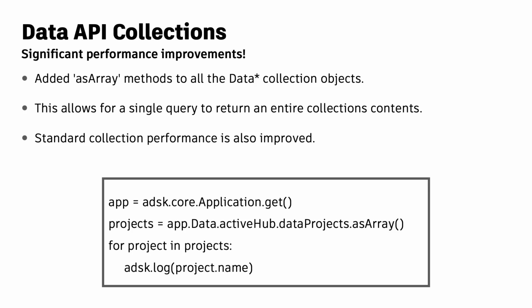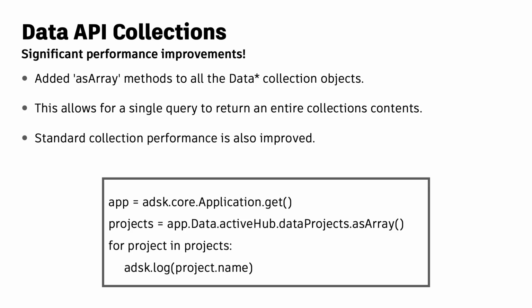Without going into all the details of the collections concept, it's used all over the place. But if you use something like data projects.asArray, you are essentially only hitting the API once, and you're getting the full list populated into a straight array.